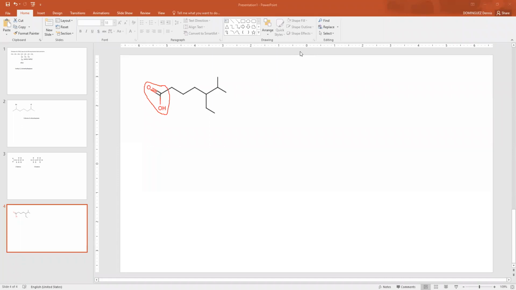Now, find again the longest chain of carbon. Since there is an attachment of a functional group, we'll prioritize the functional group.